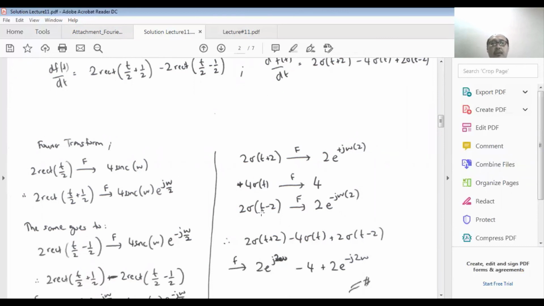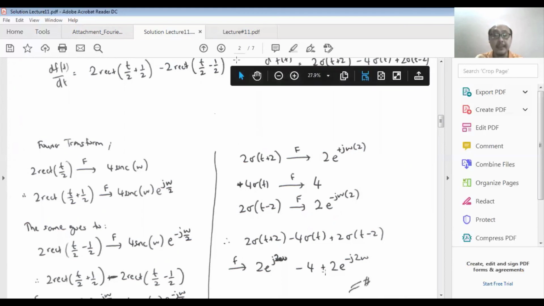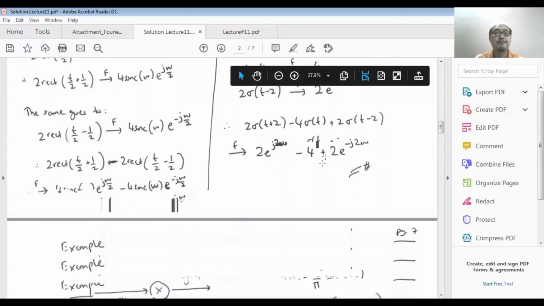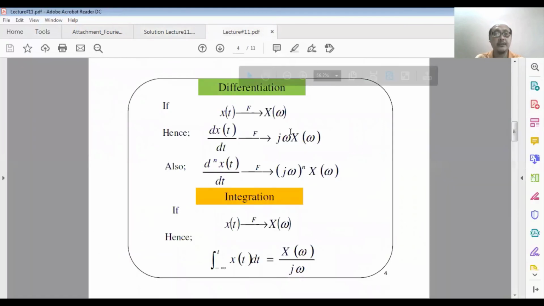And if you have 2 delta t minus 2, it's supposed to be equal to 2 exponential negative j omega 2. So basically, for this expression of the second order differentiation, its respective transform is simply this, which is 2 exponential j2 omega minus 4 plus 2 exponential negative j2 omega. Okay, so I hope it's clear on this.